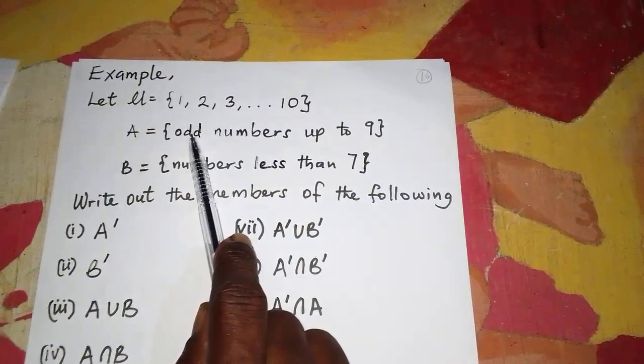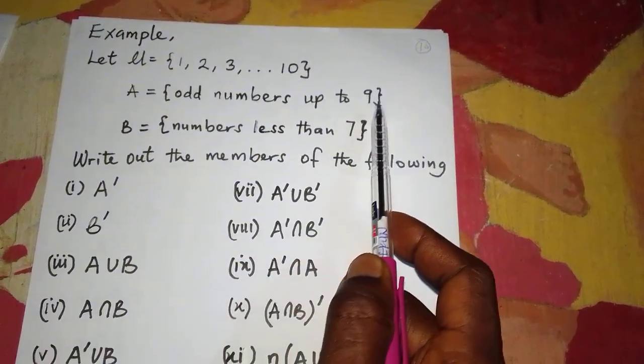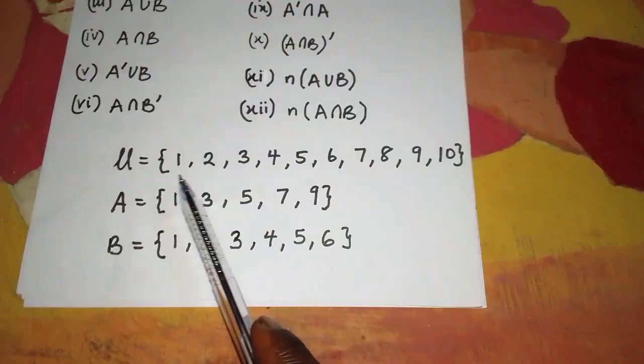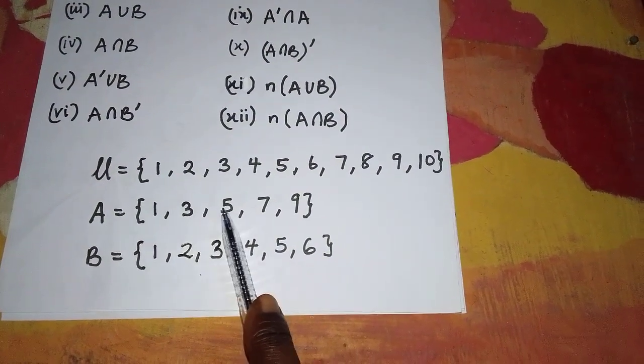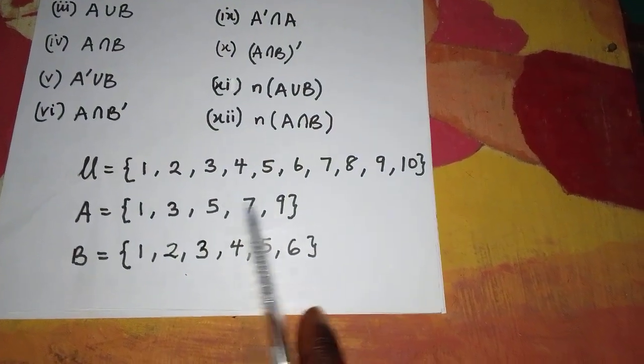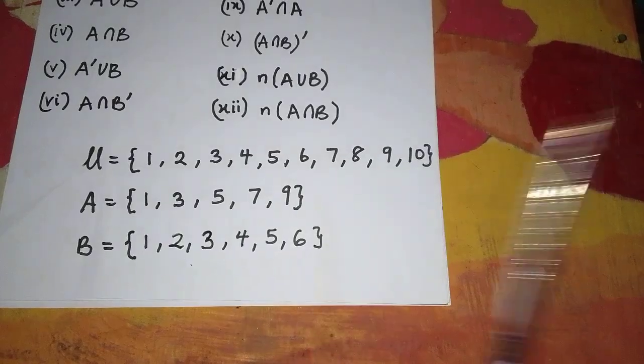In set A, we are told that you have odd numbers up to 9. So you are going to state all the odd numbers up to 9. We have 1, 3, 5, 7, and 9. Those are the odd numbers you can see within 9.